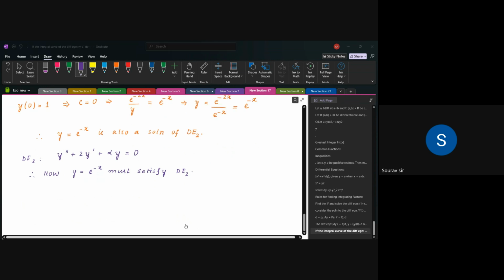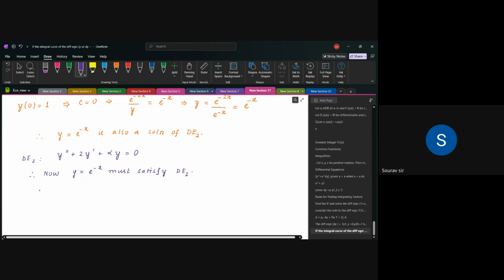Correct? So using that idea, we can find out alpha, right? So can anyone give a try at finding the value of alpha? Alpha is equal to 1. Yes, I think that's correct.